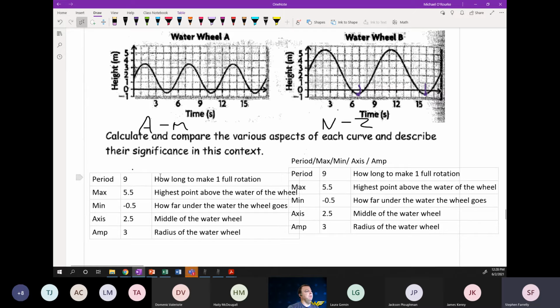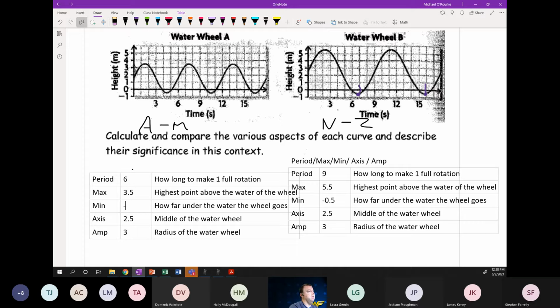Okay. Now let me do this one real quick. 1, 2, 3, 4, 5, 6. I do believe that's 6. My max is 3.5.